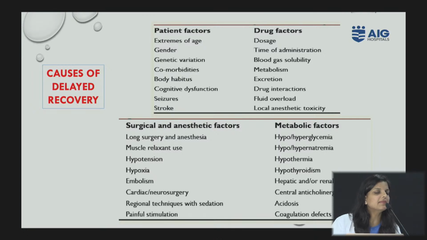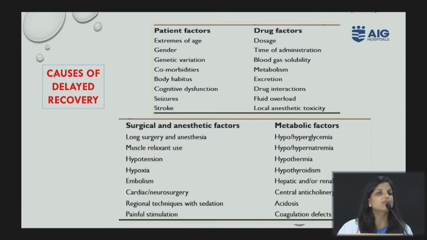So lastly, we will cover the causes of delayed recovery. Whenever we find any of these causes, we should be very careful and consider them during the time of recovery. There are patient factors: extremes of age, gender, genetic variation, comorbidities, body habitus, cognitive dysfunction, seizures and stroke.